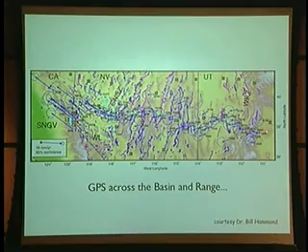Well, what we mistakenly thought was that that slip was distributed across the entire Basin and Range. Because heck, if you just look at it, there's all these hills, they go up and down and up and down until you hit the Sierra. So obviously you take this distance, you divide by 1.2, and that's how the Earth works. Well, it wasn't. What we found out was about 2 millimeters a year occurred right on the Wasatch Fault.